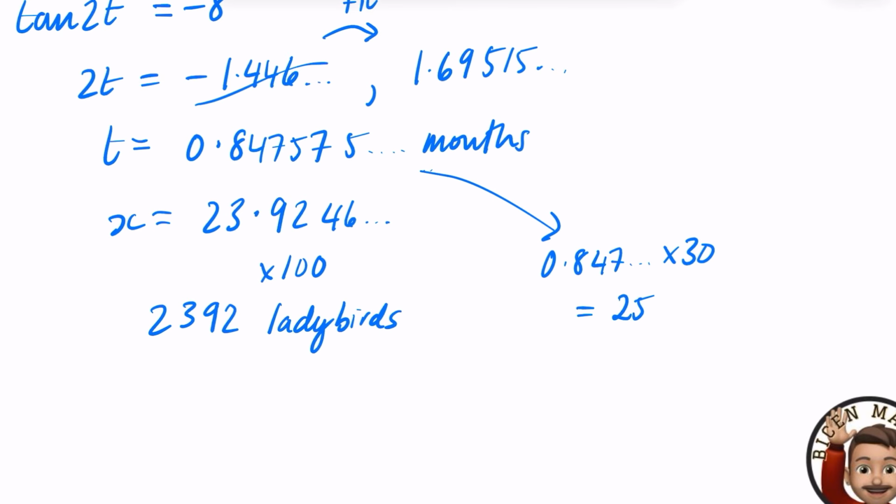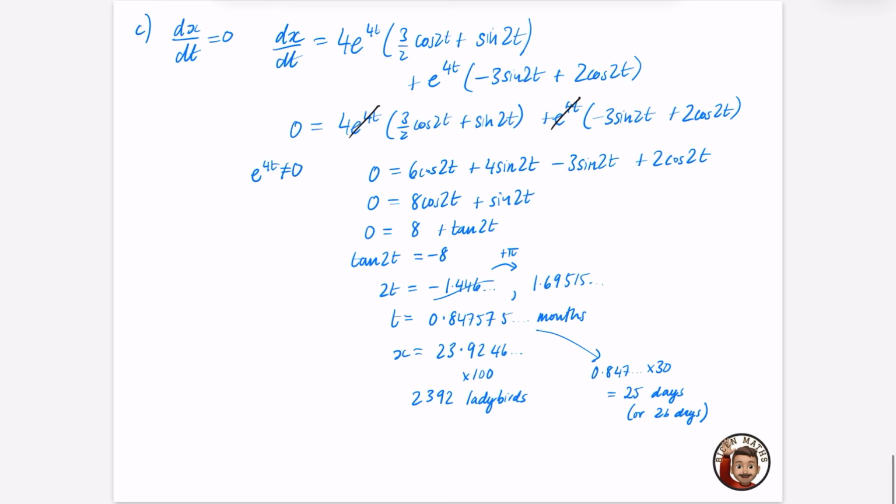I'm going to say this is 25 days. I actually think they would accept 25 days or even 26 days for this because it's occurring on the 26th day, because it's 25.4, but approximately 25 days. Or if you wrote 26 days, I'm sure that would be accepted as an answer. I mean, I wrote the question, so I'm definitely going to say that this is something that could be accepted.